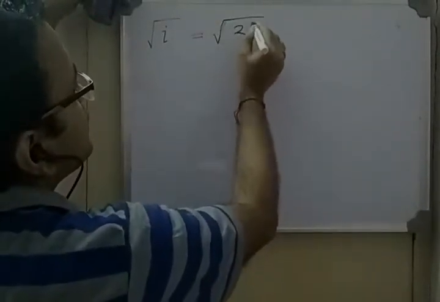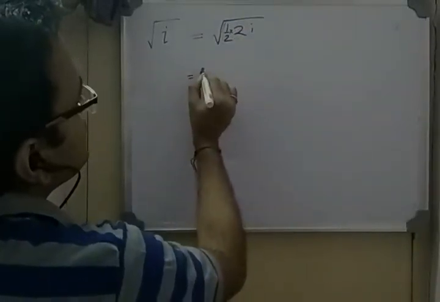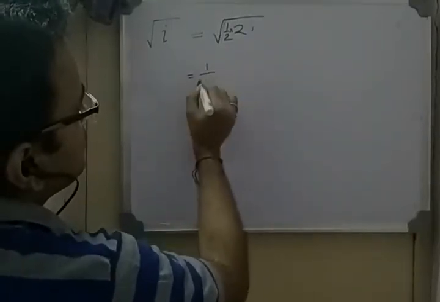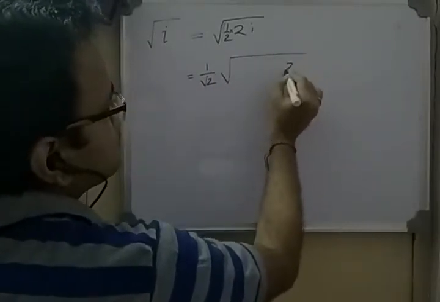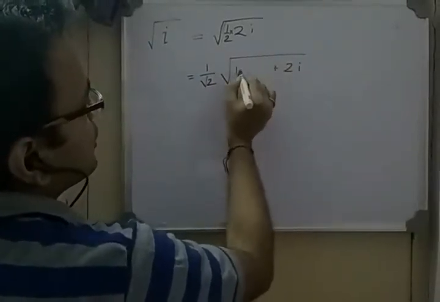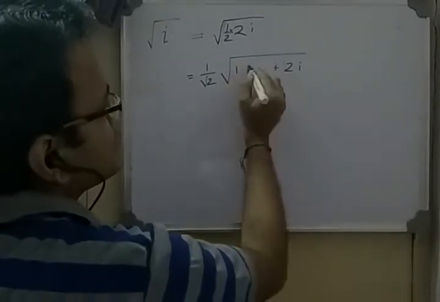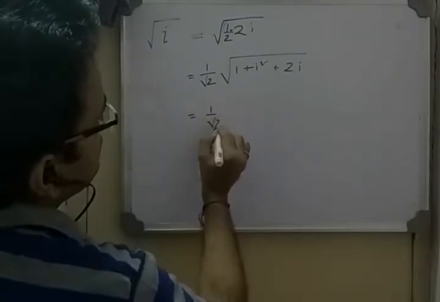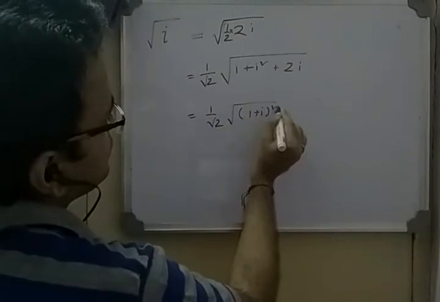I will make it half into 2i, then half I will take out as 1 by root 2. I have 2i. I will make 1 minus 1, then again minus 1, I can write 1 plus i square. So see, it's coming in a whole square form.